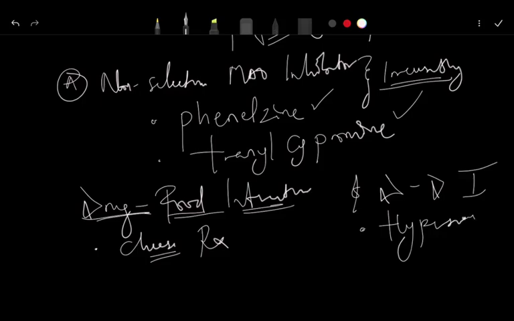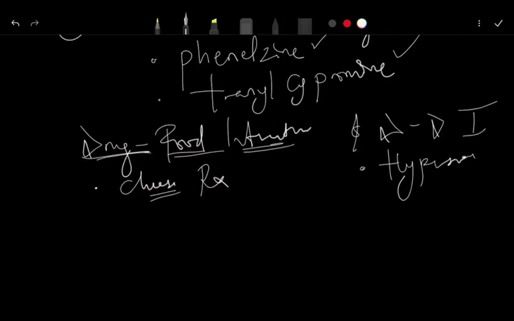Let me not call it cheese reaction, because this cheese reaction is particular to drug-food interaction. The effects you will see from drug interaction are hypertension alongside serotonin syndrome.